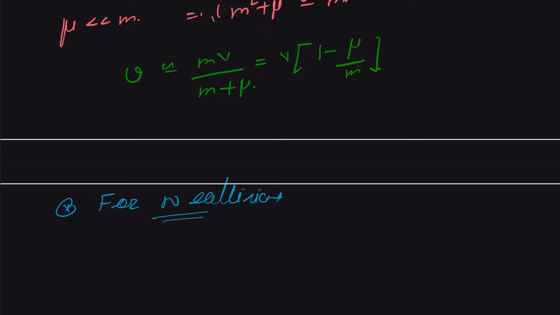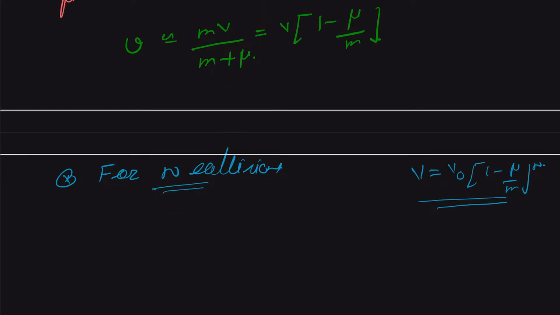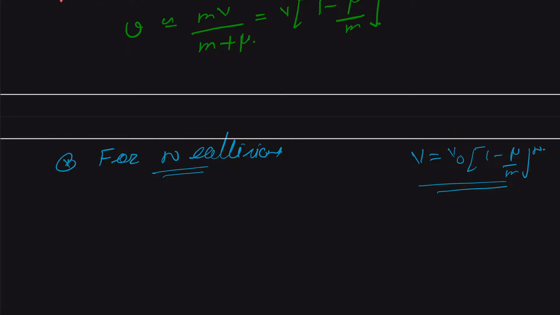And we proved that for n number of collisions the final velocity is equal to our initial velocity times 1 minus the ratio of their masses raised to power n. This we proved already. So the same we are going to replicate here also, and we can write that v final over v initial will be equal to 1 minus mu upon m whole raised to power n.